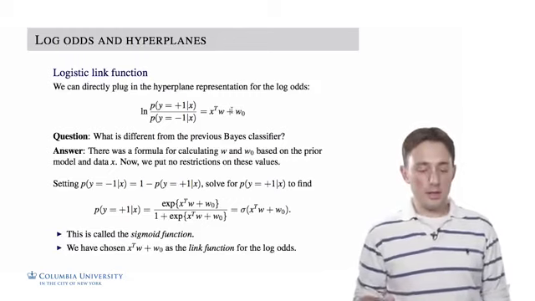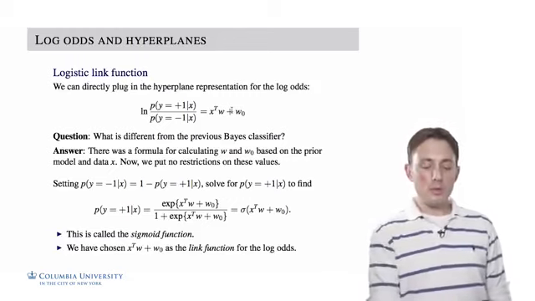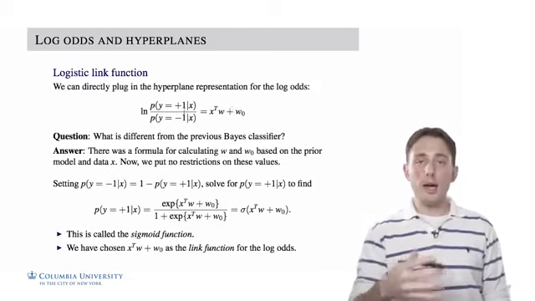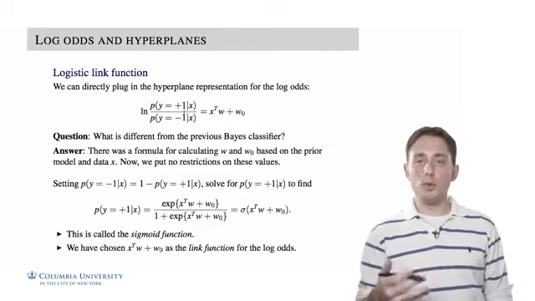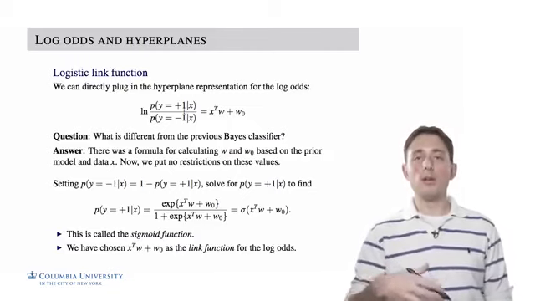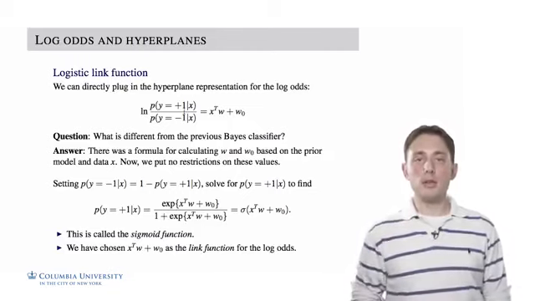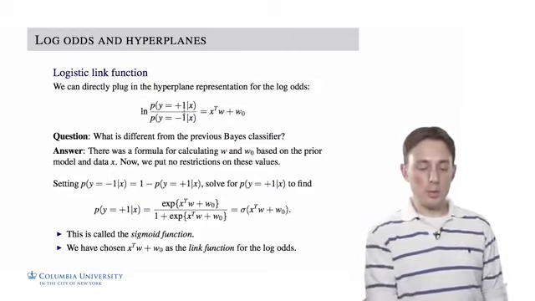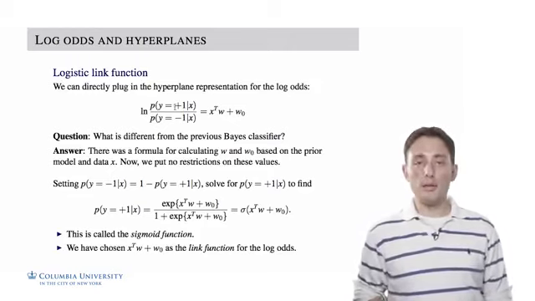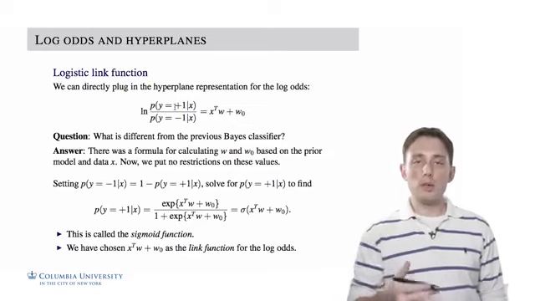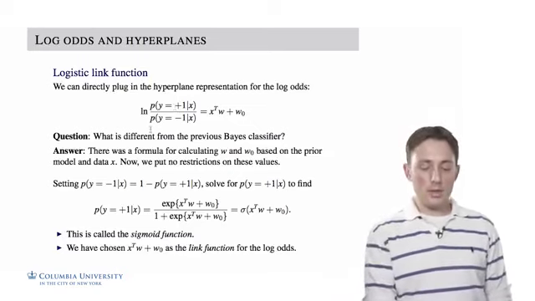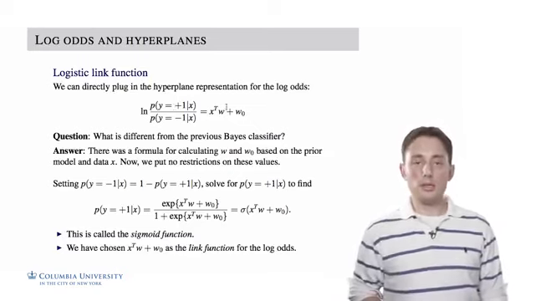This is called a logistic link function. When we want to define a probability distribution on the label given the covariates associated with the observation, so when we want to define P of y given x, instead we start from defining the log odds to be equal to this.